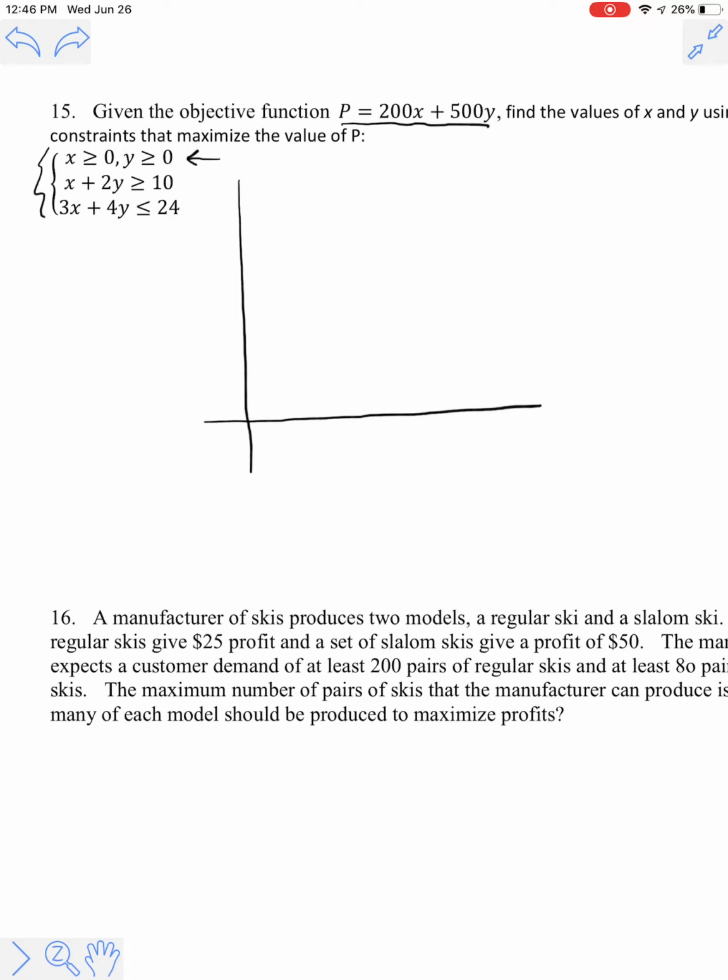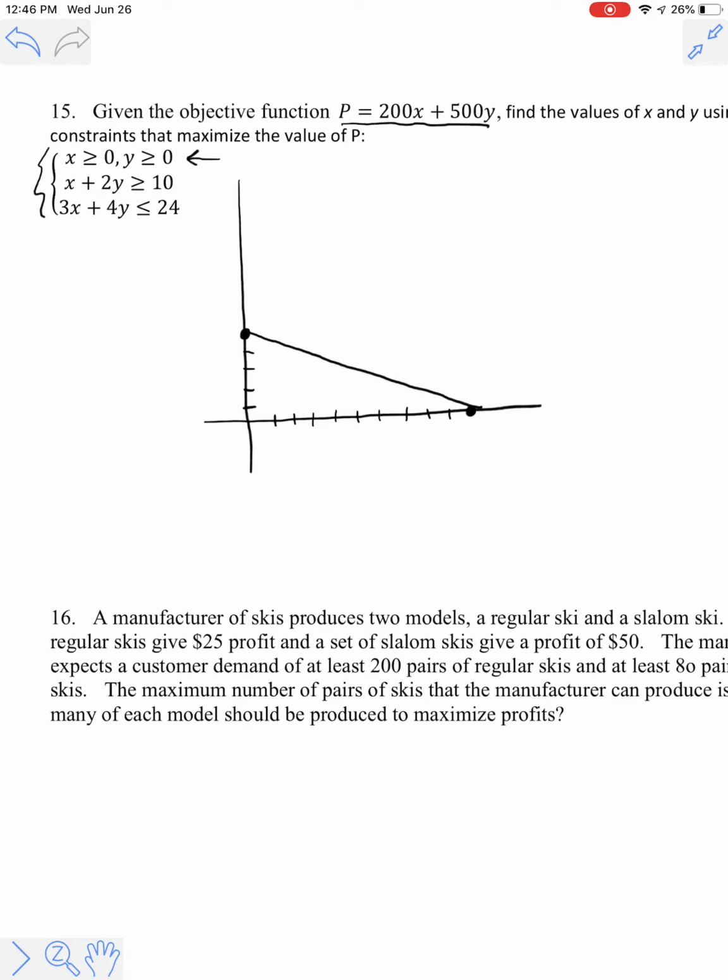The next set of constraints, x plus 2y is greater than or equal to 10, we need to graph that. That's going to be a linear inequality. The x-intercept is 10, and the y-intercept is 5. Since it's greater than or equal to, it's a solid line, and we're only going to graph the region that's in the first quadrant.